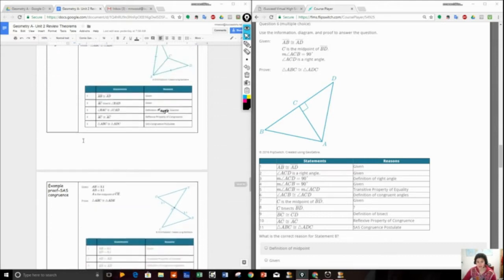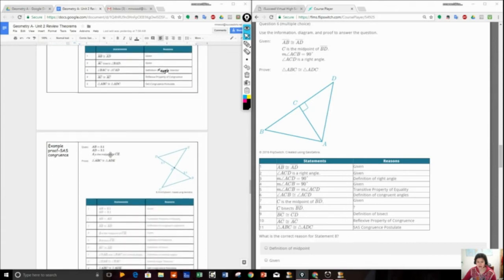And I'm scanning and I noticed right here it says given AB is equal to 3.1 and AD is equal to 3.1. Those are given that those two segments are equal in length, so they're congruent. And we are given that two segments are congruent. We are also given a midpoint, and this one is also given a midpoint, but we're given more.